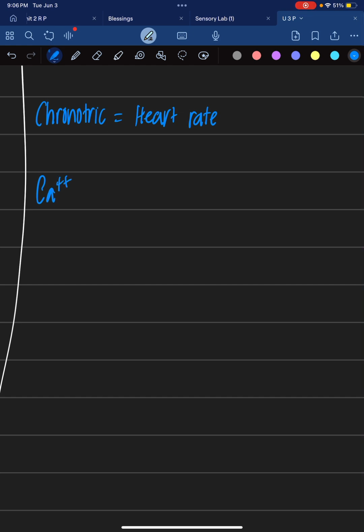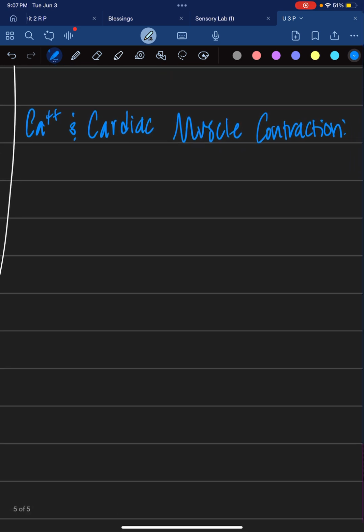And now we have calcium in cardiac muscle contraction. So calcium plays an important role in heart muscle contraction. So when an action potential reaches the muscle, calcium enters through the L-type calcium channels on the cell membrane.